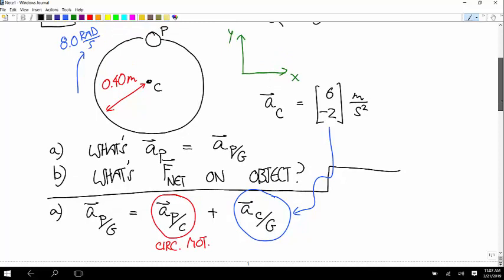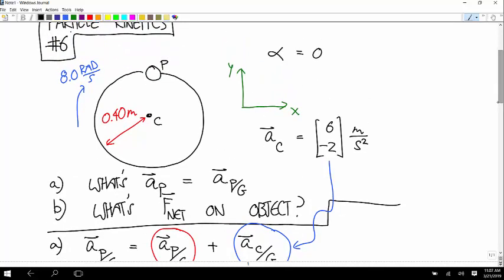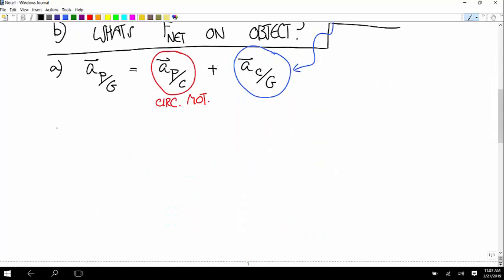Okay, so let's figure out what we know about the circular motion. So the circular motion part is to calculate the acceleration of P relative to the center.